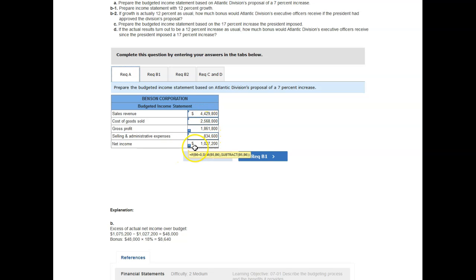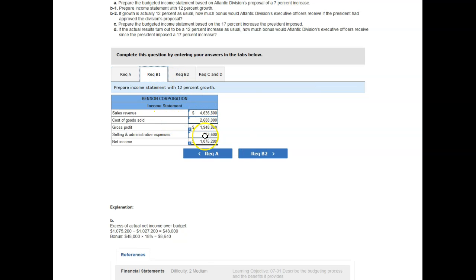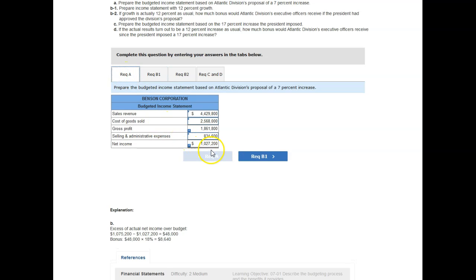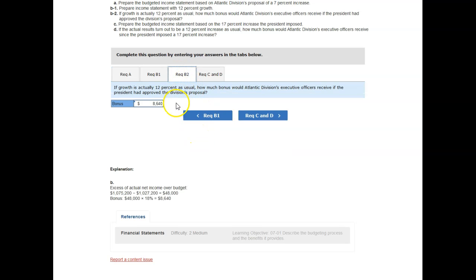What we're going to do is compare the budget net income to the actual. Now we're going to use these numbers as actual, remember, because we're at the end of the year, and they said this was the actual amount. If the net income is $1,075,200, we're going to compare that to the $1,027,200, and here's the answer for requirement B2. And down here shows how to compute it. The actual now at 12%, the net income, minus the budget at 7%, we were $48,000 in net income above the budget.